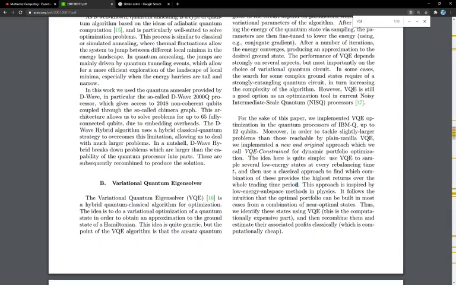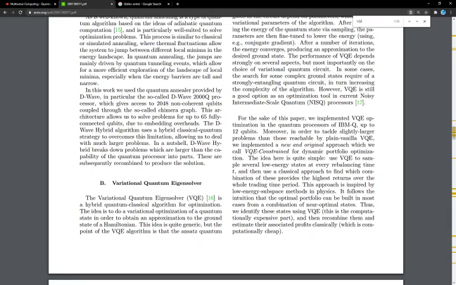Okay, so it's not a modification on the circuit. It's just using VQE with subsets of qubits, and then finding which combination of these provides the highest returns over the whole trading time period.